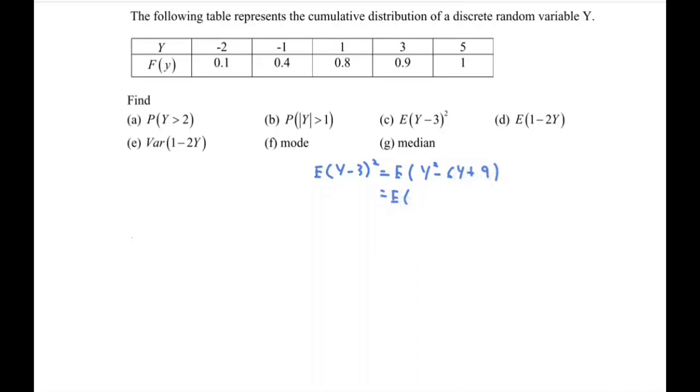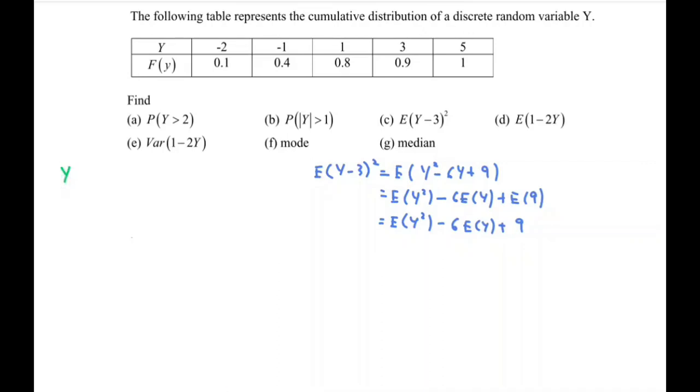So E[y squared] minus 6 multiplied with E[y] plus 9. Meaning that we have to make use of the probability distribution.